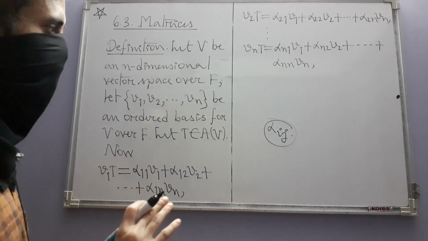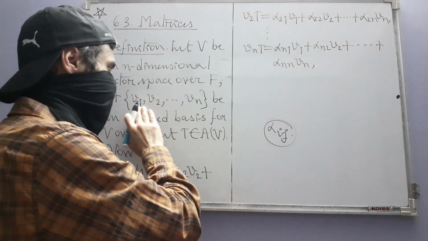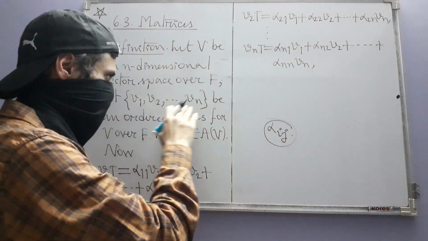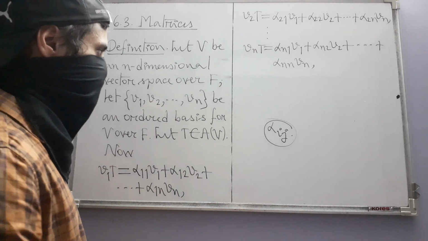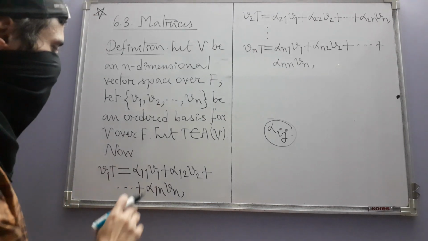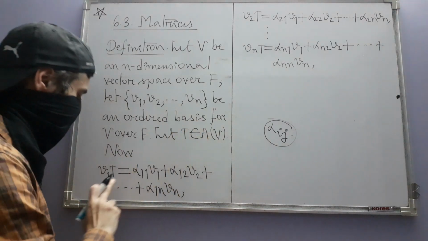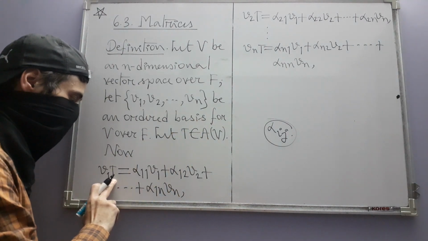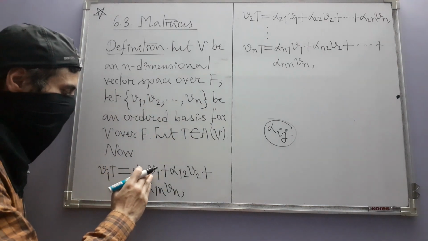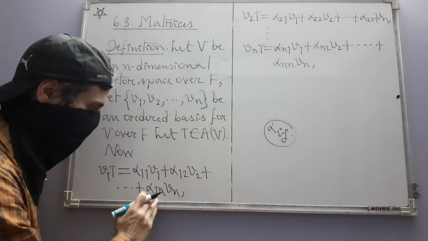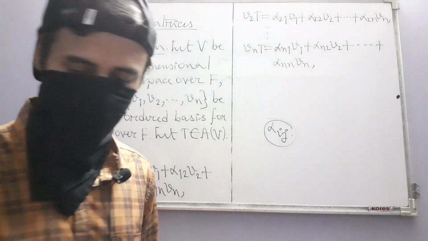For us right now, whatever we are going to see next, it matters that we keep the order intact. So that's why an ordered basis. And we not only write the equations in this form, that is, first we write V1t and then V2t and then Vnt, but we also maintain the order of the original Vi's within each linear combination.